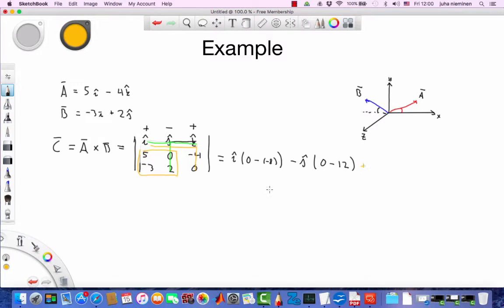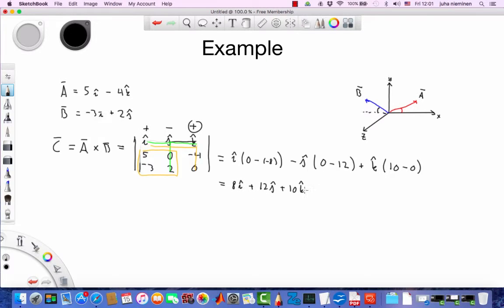So first of all, positive k, because we have positive here, and the diagonal products 5 times 2, that's 10, minus 3 times 0, that's 0, like this. So what do we get? We get 8i, 12j, plus 10k.